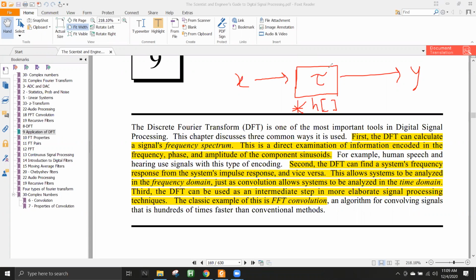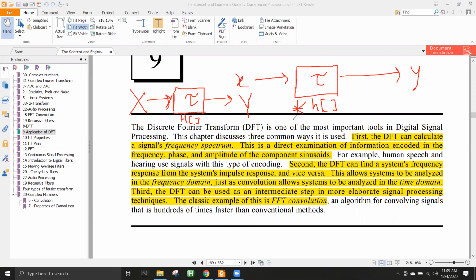In the frequency domain, similarly, instead of doing this with its impulse response, it will have its own frequency response, capital H, suppose. And similarly, it will produce from one frequency another frequency. If you give some frequency information, it will produce another frequency information. So how is it going to do it? That is what we are going to be talking about later on in this chapter.